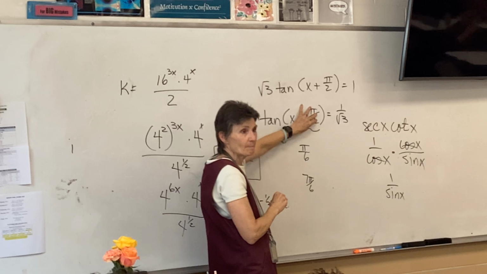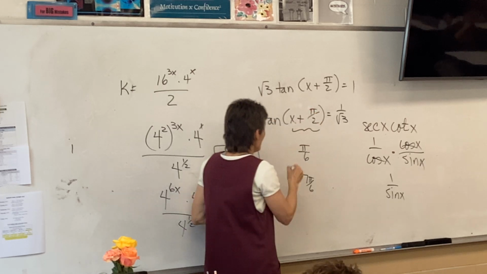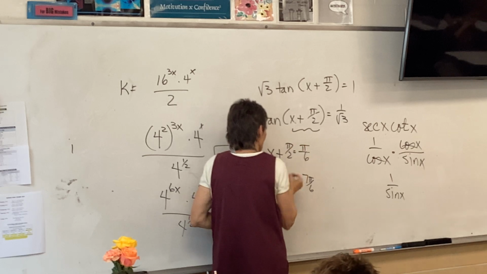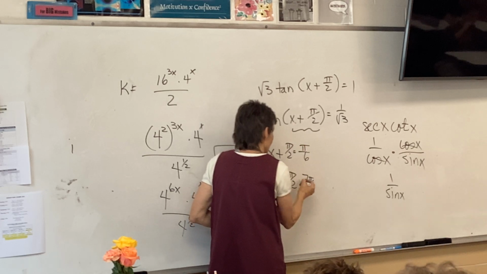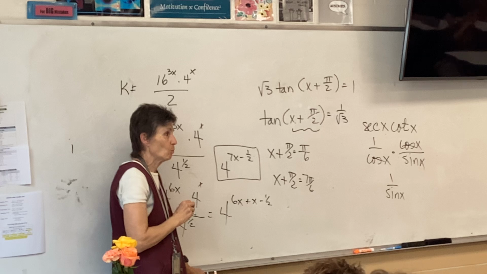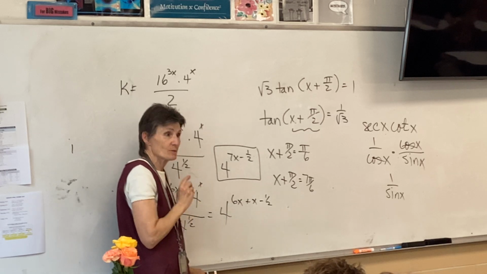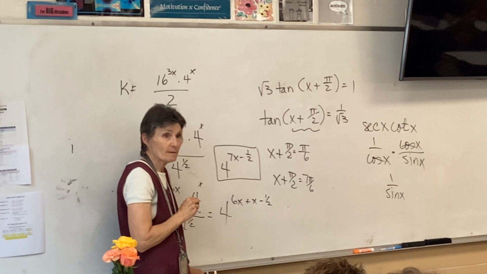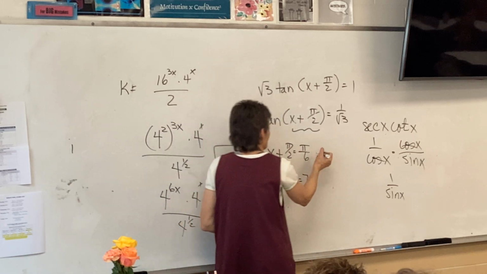Would you agree with that? So whatever that is, which is x plus pi over 2, it has to equal pi over 6 or 7 pi over 6. Right? So what's x?